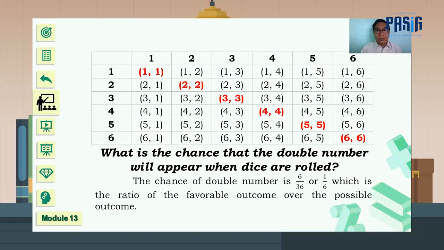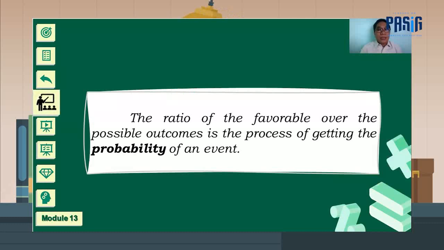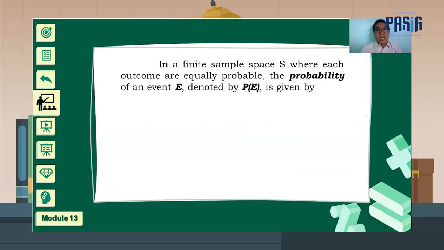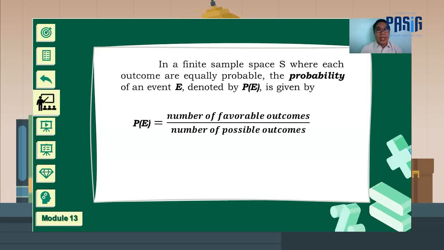which is equal to 1 over 6, which is the ratio of the favorable outcomes over the possible outcomes. The ratio of the favorable outcomes over the possible outcomes is the process of getting the probability of an event. In a finite sample space S, where each outcome is equally probable, the probability of an event A, denoted by P(A), is given by P(A) equals the number of favorable outcomes divided by the number of possible outcomes.